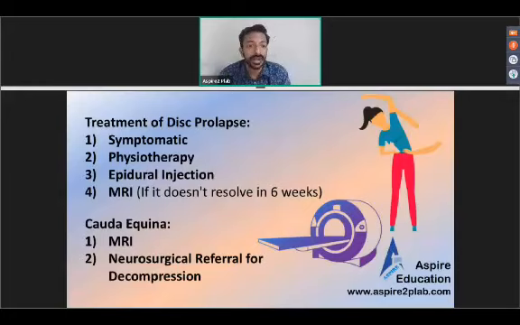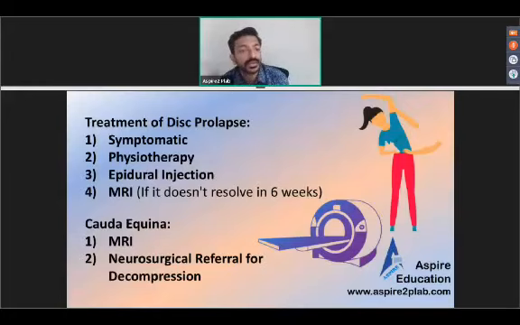All right. So now what you need to remember is we have 3 stations for back pain. One is the cancer, the second one is back sprain, and this third one recently they started asking, this is disc prolapse. So in this, patient is giving the history of numbness, tingling sensation, the history of urine retention, and also the history that I'm working in a factory and I have to deal with heavyweight stuff.